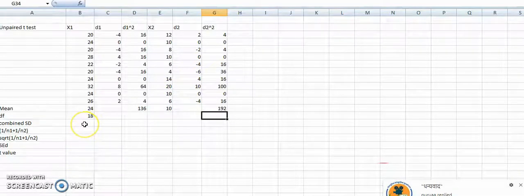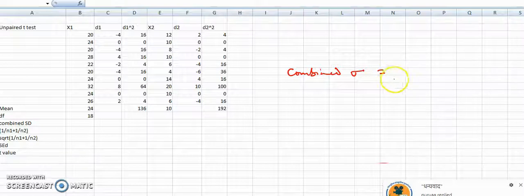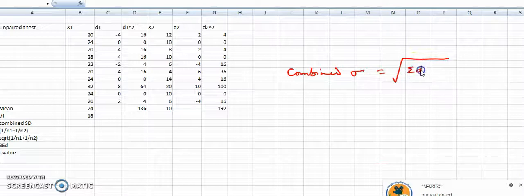Now the combined standard deviation is calculated by a formula. Let me go to this one. The combined standard deviation, or the pooled standard deviation, is equal to the square root of the summation of d1 square plus d2 square, divided by n minus 1.